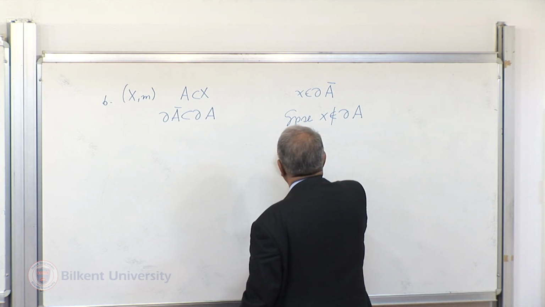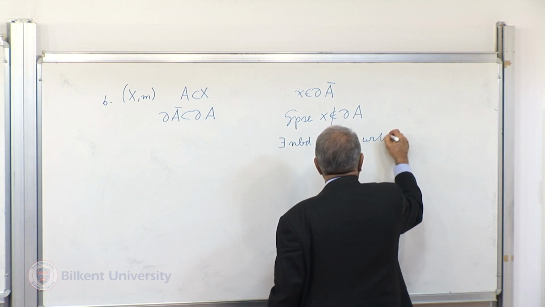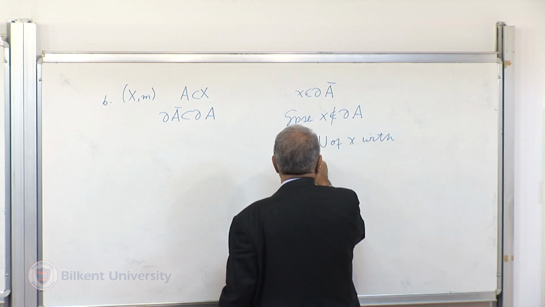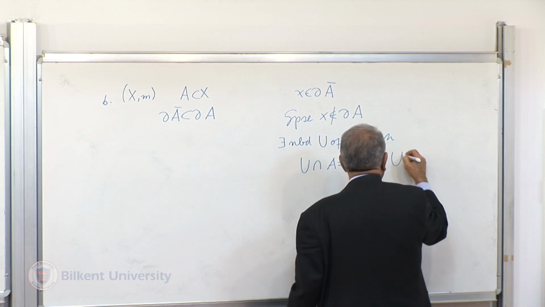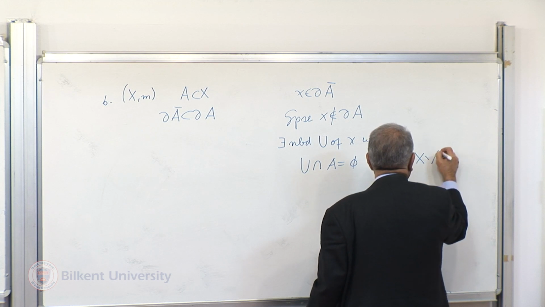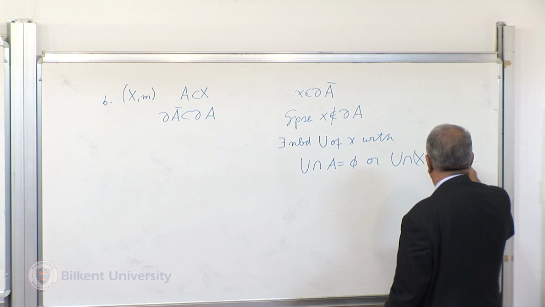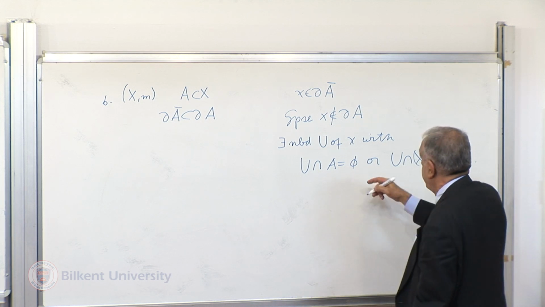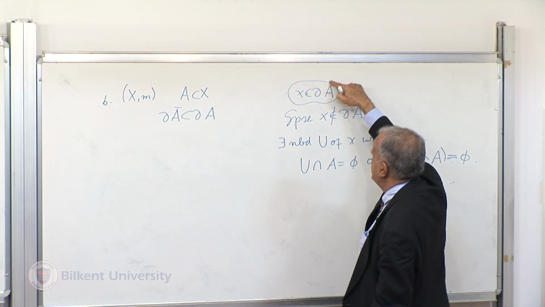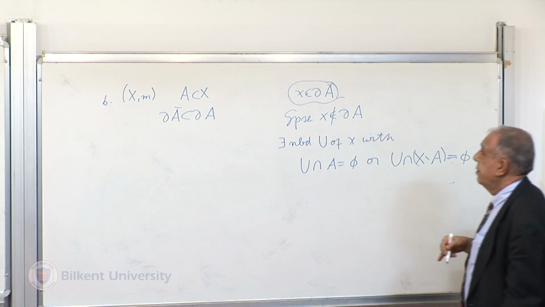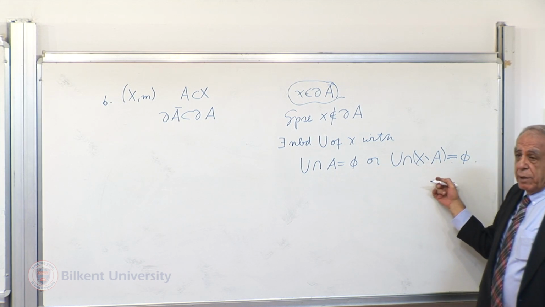Well, this means there is some neighborhood U of x with U intersection A empty or U intersection X minus A empty. Now, can we get some information from here? This is the same x, so whether this or this cannot hold.